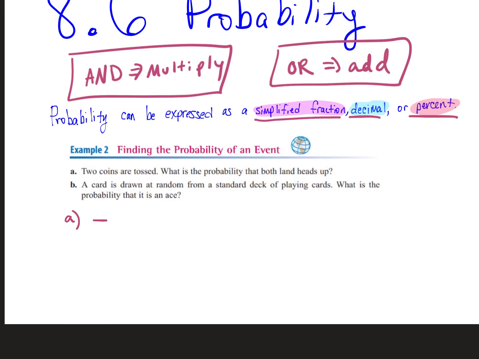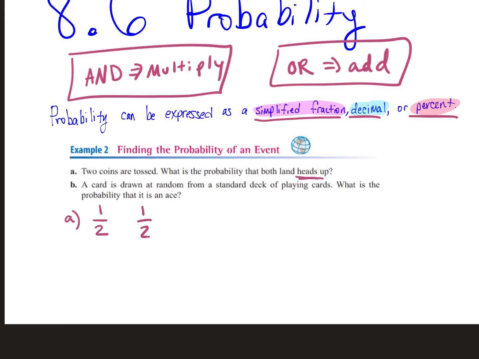Heads or tails. So we have two things that it could be, so our total is 2. We're flipping two coins, so we have two fractions here. And we're looking for the probability that it lands on heads. So it would be 1 out of the 2 and 1 out of the 2.